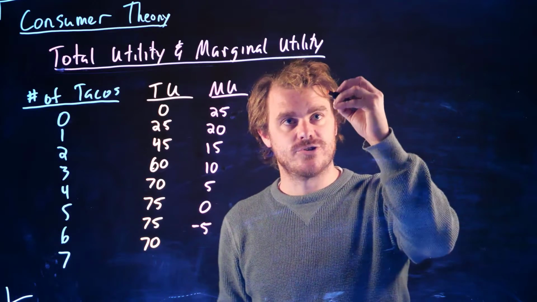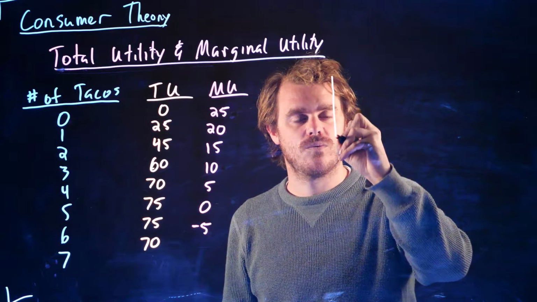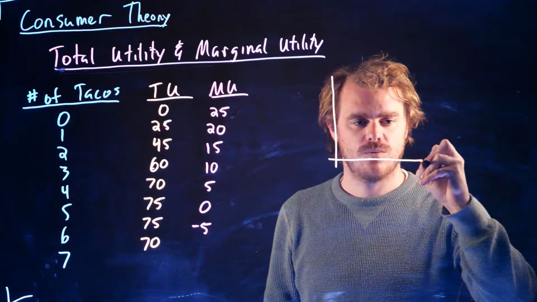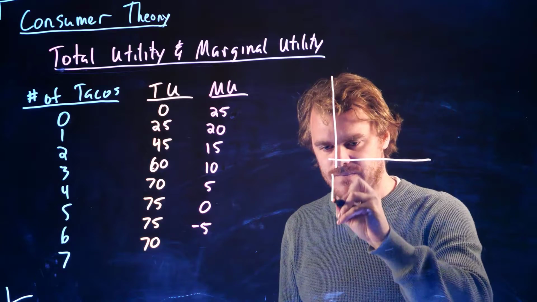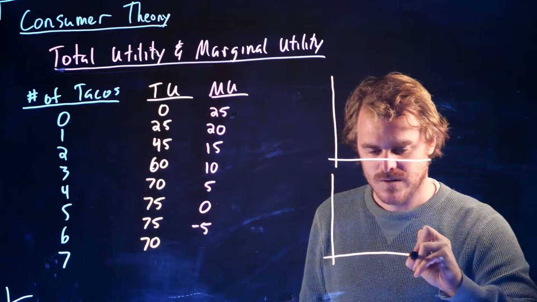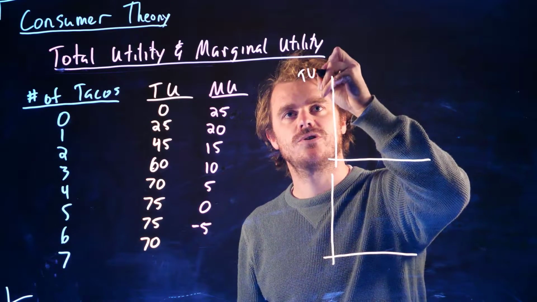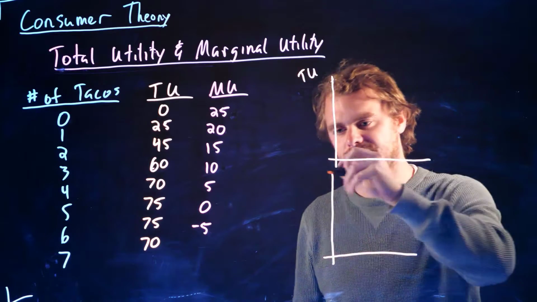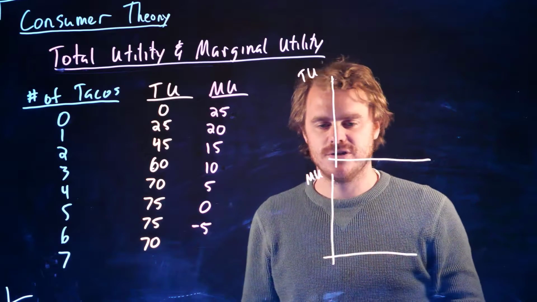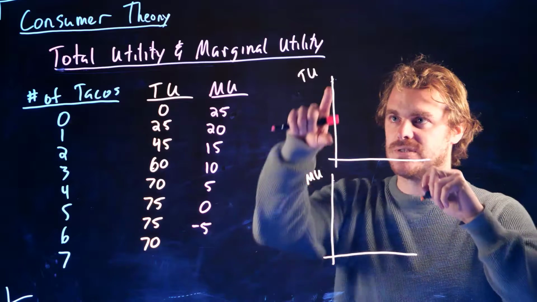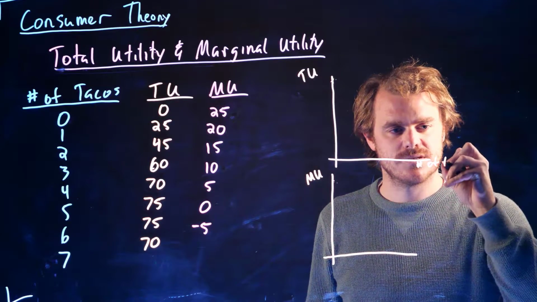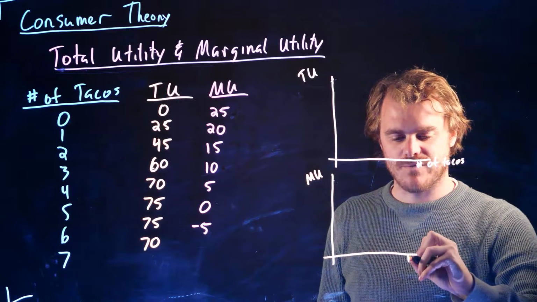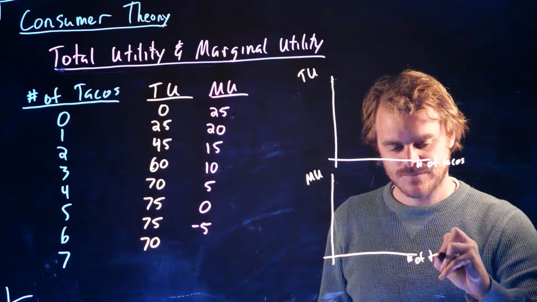We can think about then drawing what these look like. Let's say this is the total utility in this top graph, and this is the marginal utility in this bottom. That's what's on the y-axis, and the x-axis is going to be the number of tacos, or the number of whatever good we're looking at.